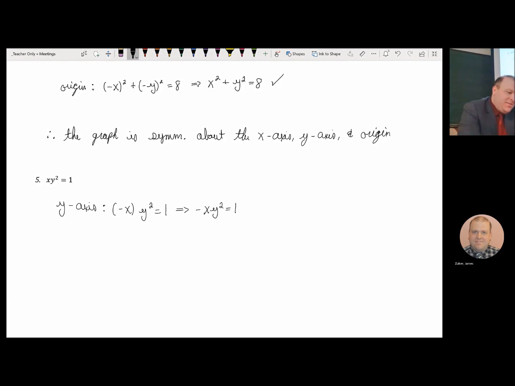Clearly not the same. We do not have symmetry about the y-axis. Replace y with negative y. The quantity of negative y squared is just y squared again, isn't it? That is the same. So we have symmetry about the x-axis.